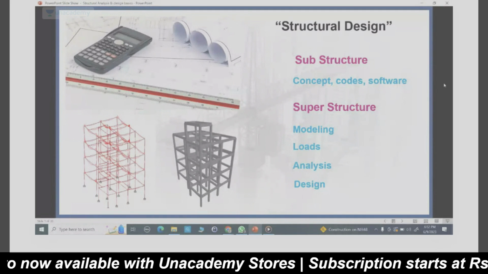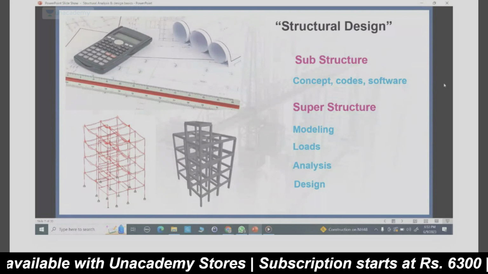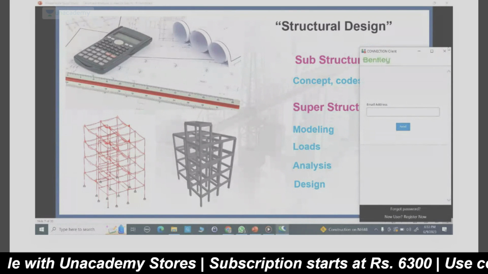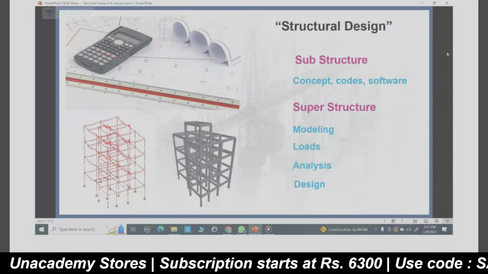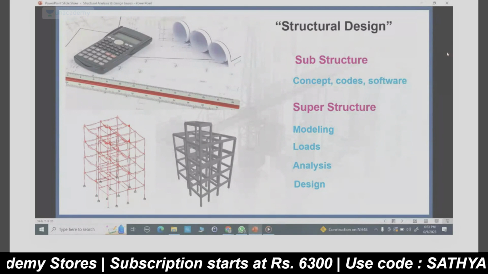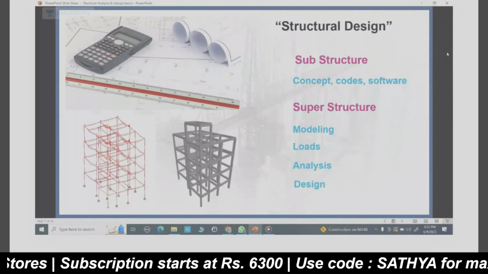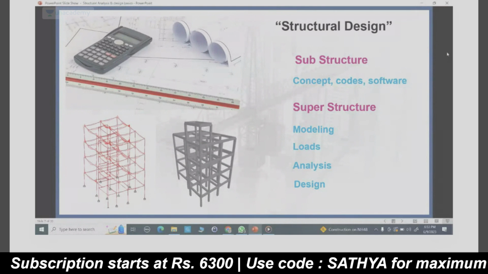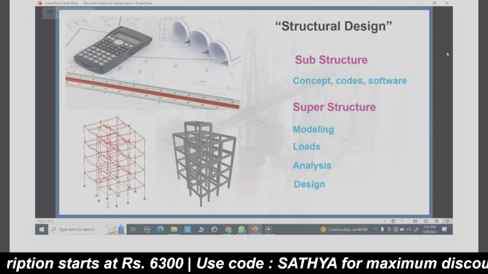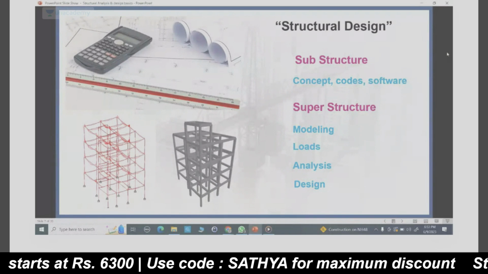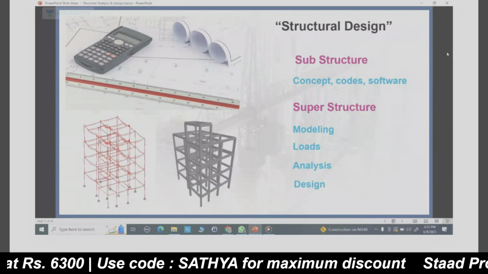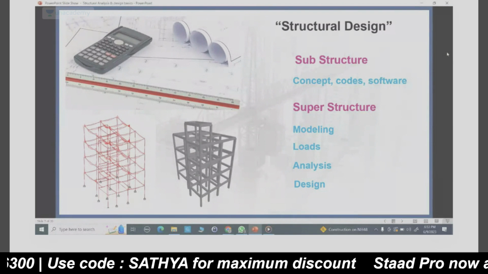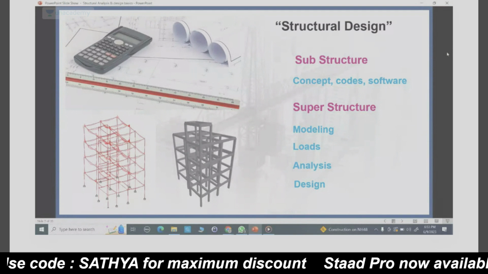Then IS 1893:2016 is for earthquake resistant structures. We also have SP 16 for design aids, SP 34 for detailing, and IS 13920 for ductile detailing, and so many other codes. Those codes and standards we need to follow.